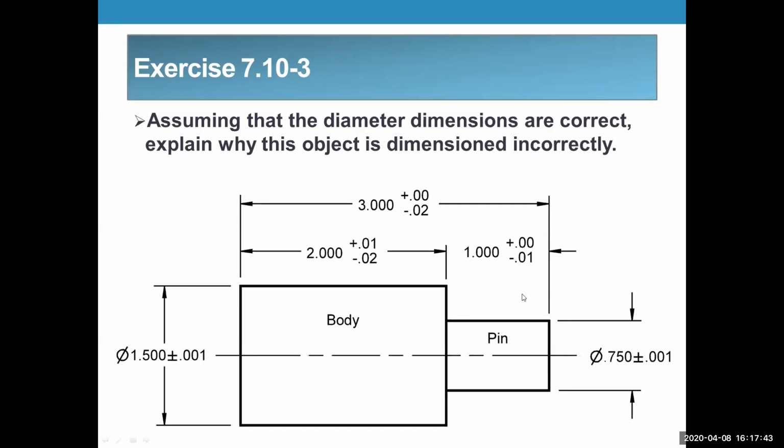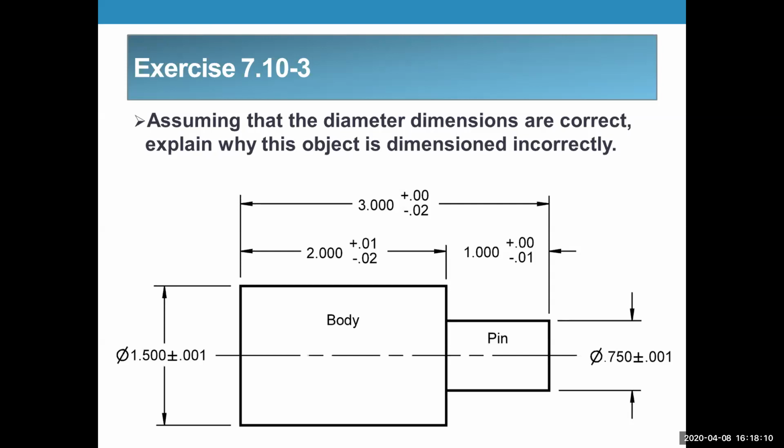Looking at it, the 2.0 has a tolerance of plus 0.01 or minus 0.02, and the 1.0 has a tolerance of plus 0.00 or minus 0.01, but the overall length of 3.0 has plus 0.00 and minus 0.02.